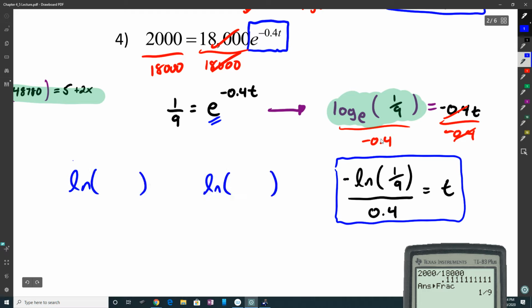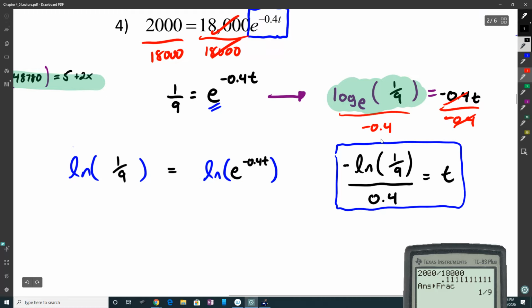It doesn't matter what kind of log you do. And so 1/9 equals e to the negative 0.4t. What happens is this comes to the front, or you can think of the ln and the e canceling out.